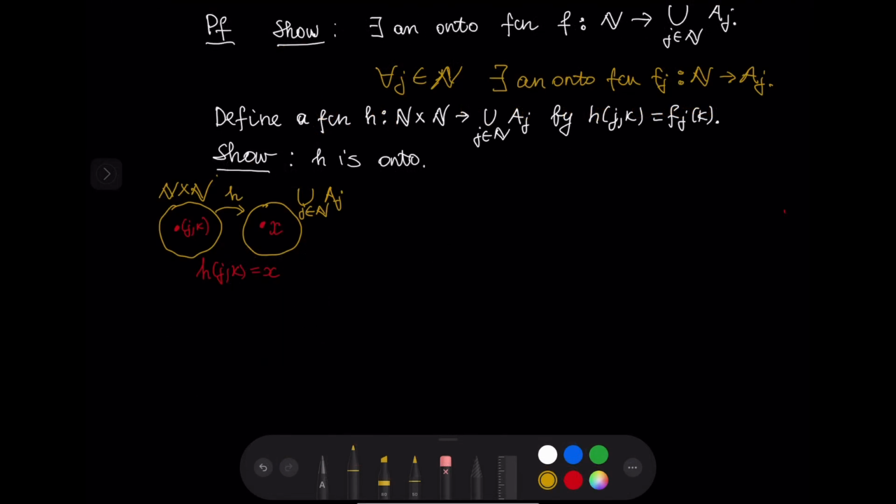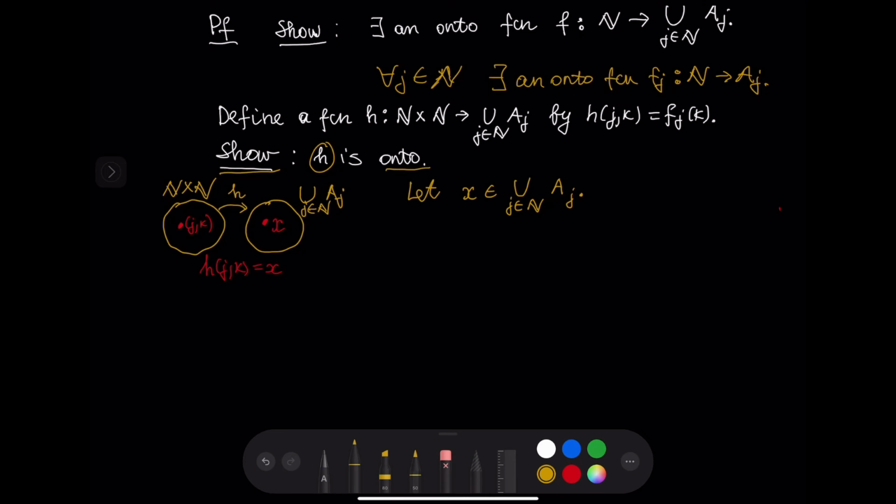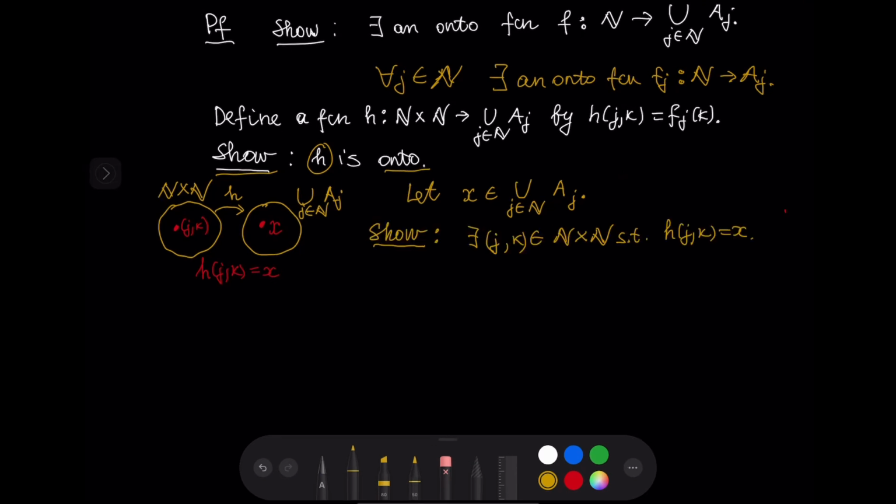So let us try to show that our function h is onto. Let x be in the union of all Aj. We want to show that there exists an ordered pair (j,k) in the set N cross N such that h of (j,k) is equal to x.